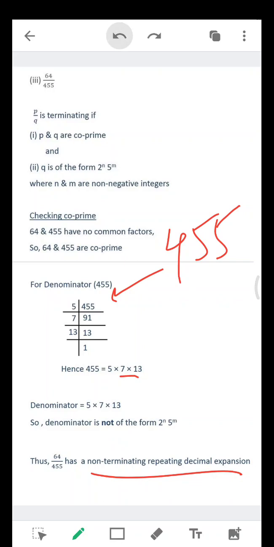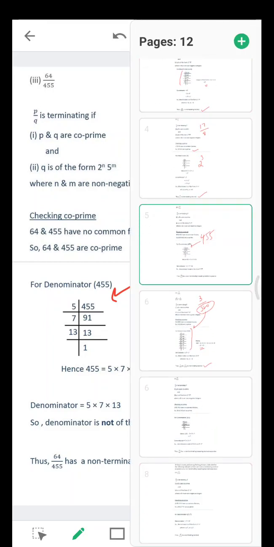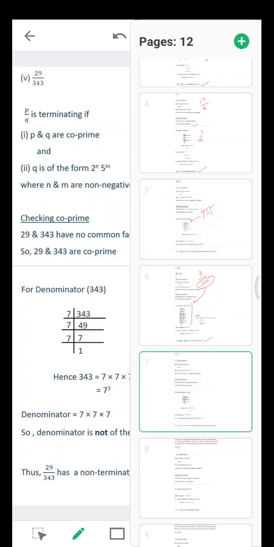So this is the basic rule for doing this problem. If the denominator has other numbers other than 2's and 5's, like here 7 and 13, then you can say that is a non-terminating repeating decimal expansion. Clear? So following this rule, you can try all the other bits for your reference.